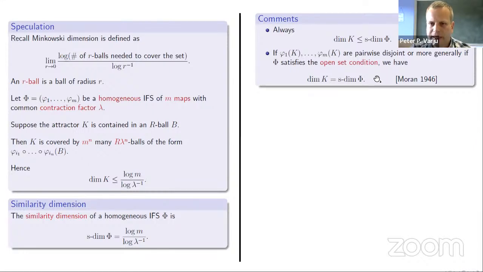Something which is a little bit less trivial is that if you have a very nice separation condition for your iterated function system, namely that the images of your set are pairwise disjoint, if you look at the images through the maps in the iterated function system, or actually the right condition is something called the open set condition, which is a slight weakening of this, then it is actually true that the dimension of the self-similar measure is the similarity dimension.